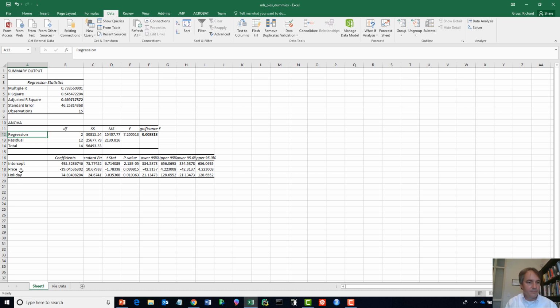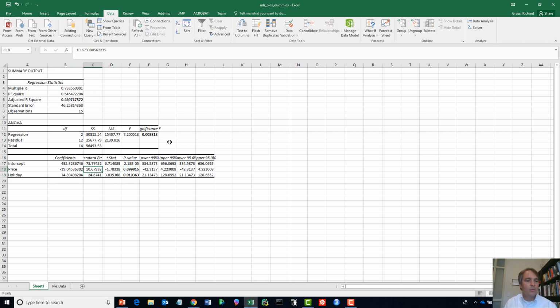Down here are our parameter estimates. We can see that the holiday variable is significant to more than a 95% confidence level, and price is only significant at the 10% level.